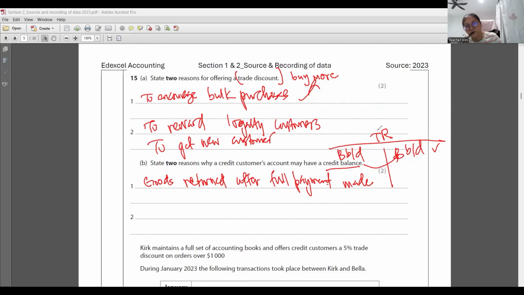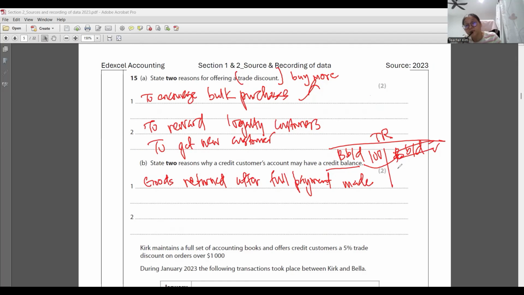Okay. Other than that, what else? Sometimes when we told the customer we will give them the discount. Let's say the customer owes us 100. Then we told them that we will give them the discount. So actually, they give us extra $5. So this $5 will give the balance CD.